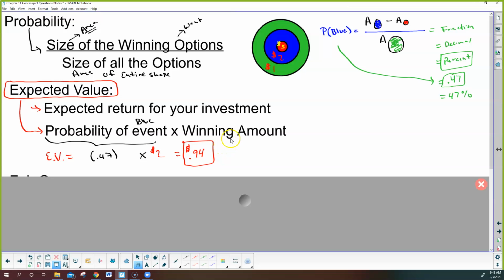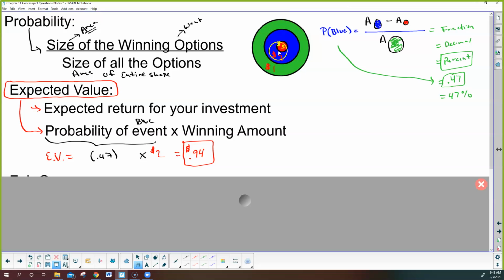So let's think about that. You're a contestant. You come up and you pay $2 to play this game. And if you want to hit the $2 amount, then every time you throw a dart, you would expect to get about 94 cents back. Now, that's not exactly how it works, but that's the way the law of averages works. But there's different probabilities, right?